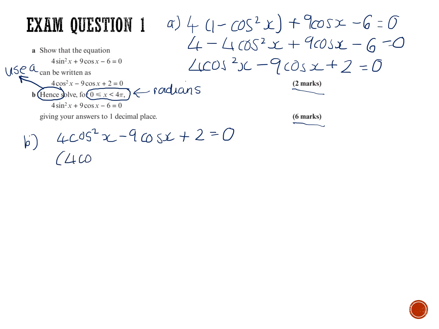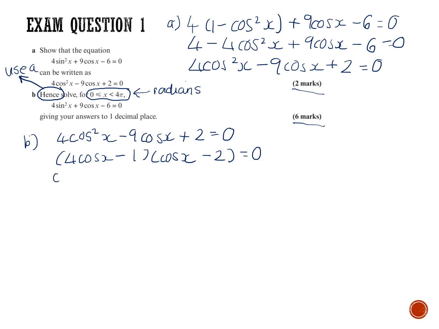Okay, so if you're not particularly good at factorising where you've got a number in front of the squared thing, put it in your calculator, find out the answers, and then write the corresponding brackets to give you those answers. Okay, hopefully your calculator will have told you the answers are 2 and 1/4, so that gives you those 2 brackets.